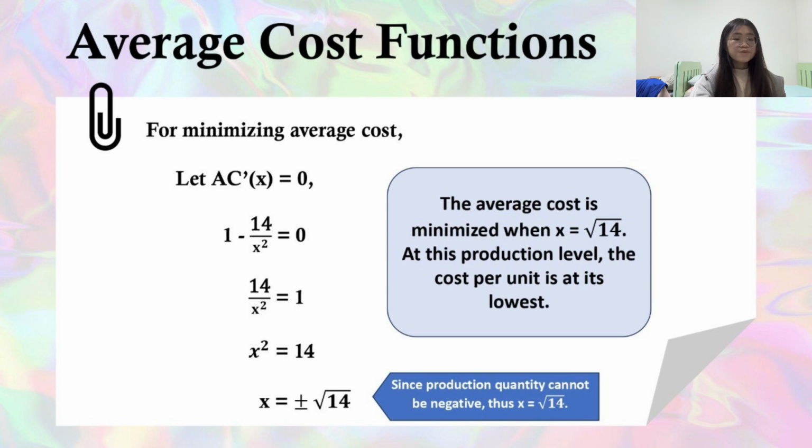But since production quantity cannot be negative, x is equal to positive square root of 14. Therefore, the average cost is minimized when x is equal to square root of 14. At this production level, the cost per unit is at its lowest.